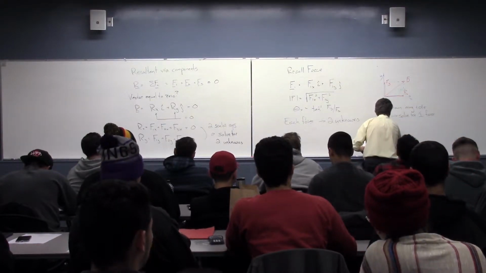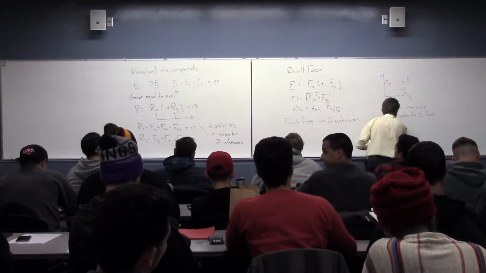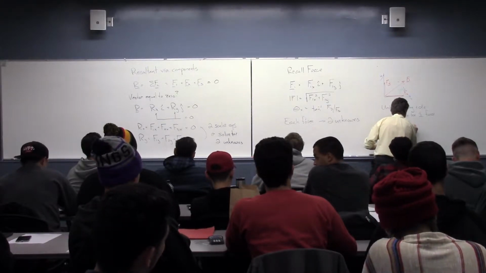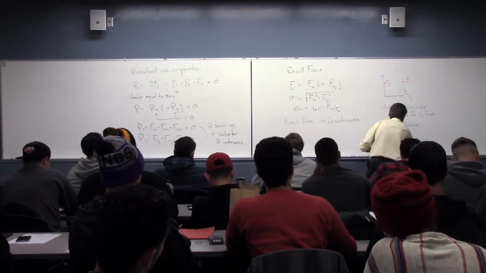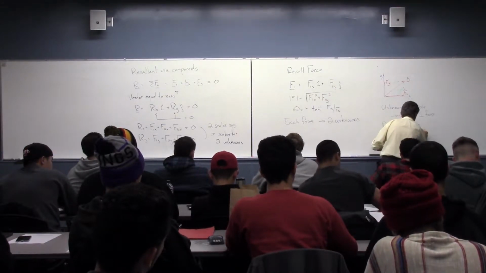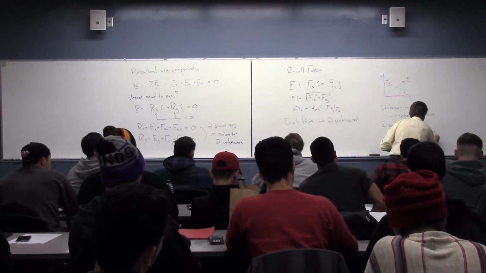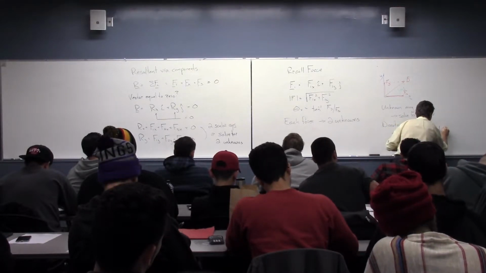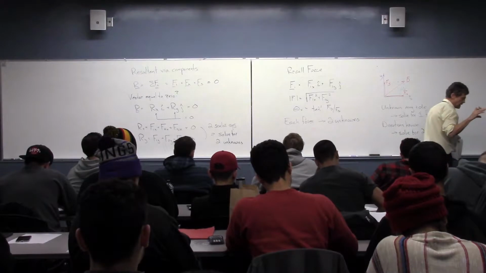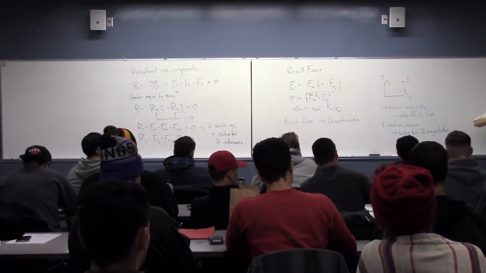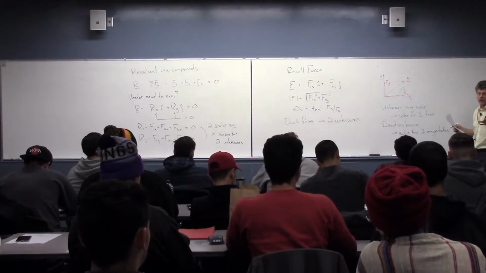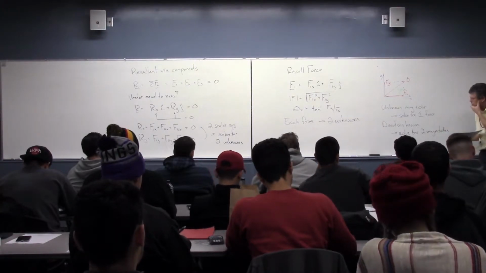Oftentimes, if I know the directions, and we'll see a lot with particle problems, it's going to be cables and stuff. We'll know the direction of the cable. It's going up, down, over, sideways, and that sort of thing.